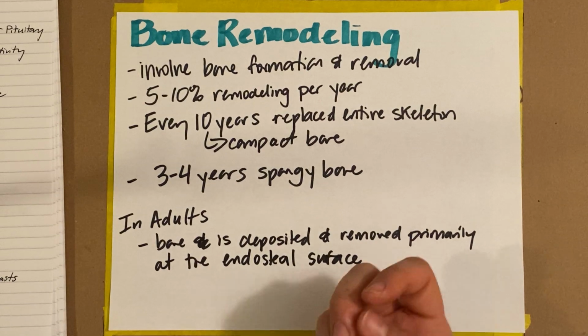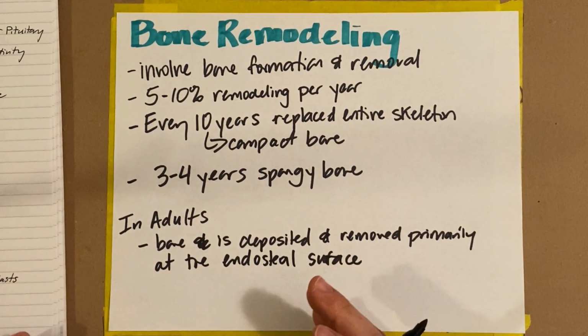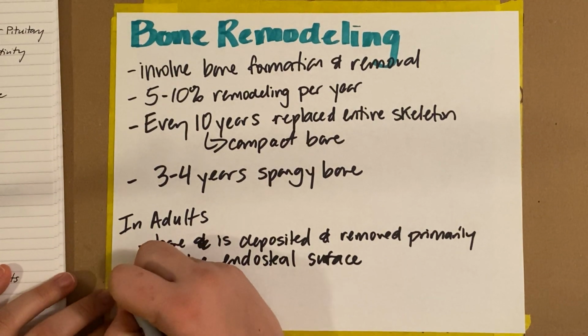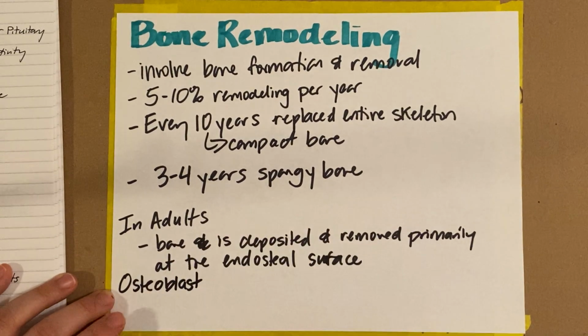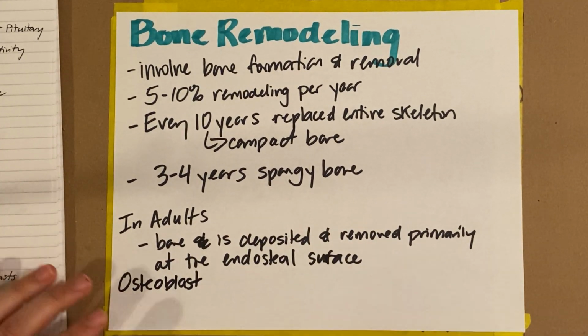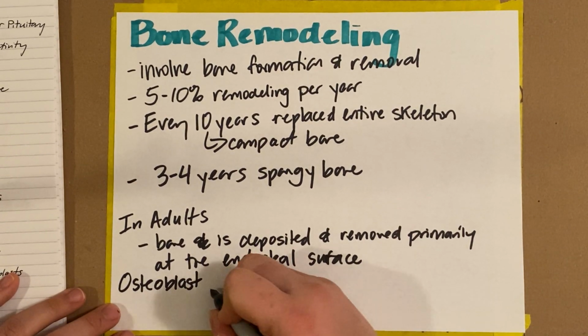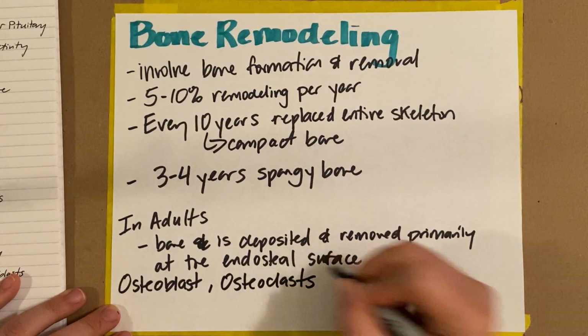When we have bone remodeling taking place, it is going to involve coordination of both osteoblasts and osteoclasts. Osteoblasts are going to be part of depositing the new bone material, and osteoclasts are going to be removing bone material.